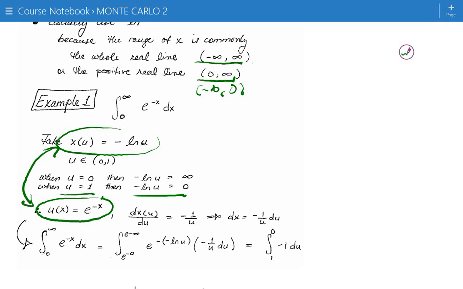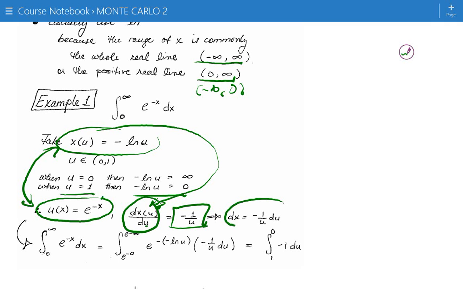We will also take the x of u expression, and look at its derivative with respect to u, which in this case is negative 1 over u. Based on dx/du equal to negative 1 over u, we can solve, and we have dx is equal to negative 1 over u times du. So with these pieces, we can fill this out.